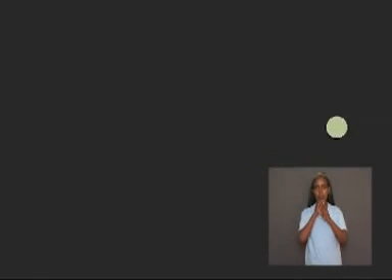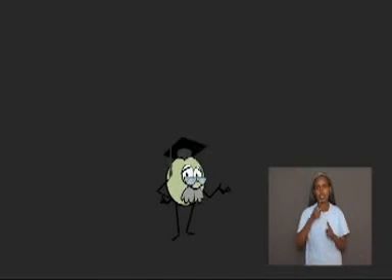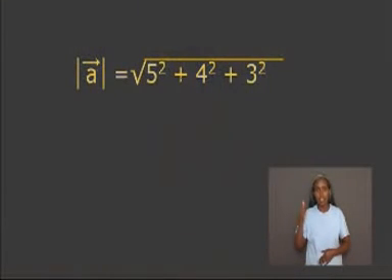Time's up. Let's get back to our lesson. Hello again, students. I hope that we were able to calculate the magnitude of these vectors. If you used the formulas, it should not be too difficult. Since vector A begins at the origin, we find its magnitude by finding the root of the sum of its coordinate squares.